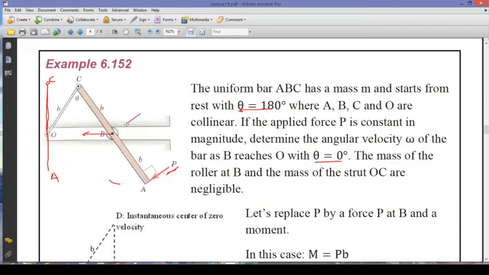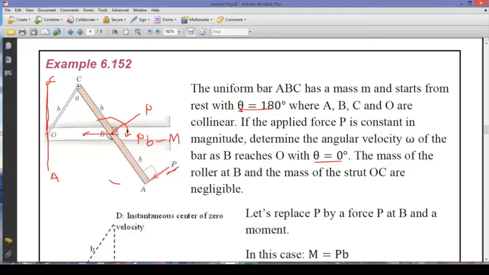If I move this force to point B, then there should be a moment associated with it due to the moment formed as this force is applied at point A. And this moment will be in the clockwise direction, and its magnitude will be P times b. That's the moment that is applied if we move this P force to B. It will be related to the force and the moment at point B.